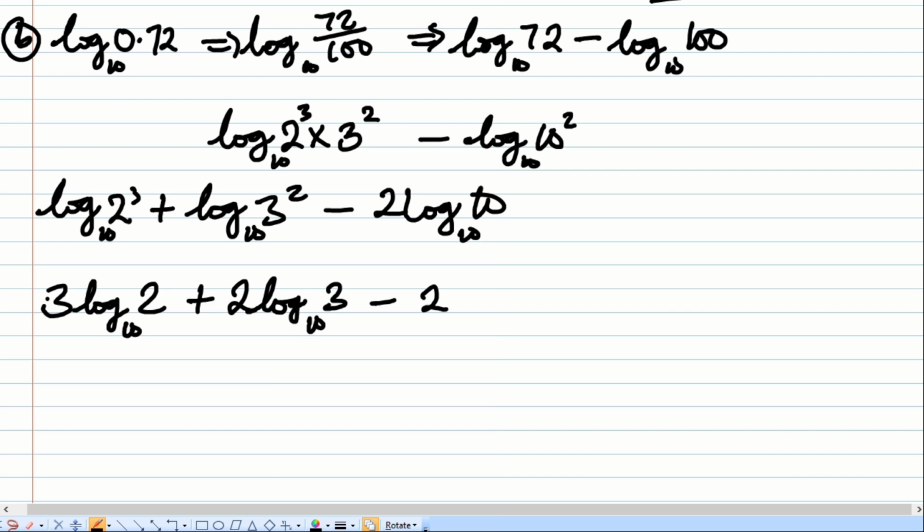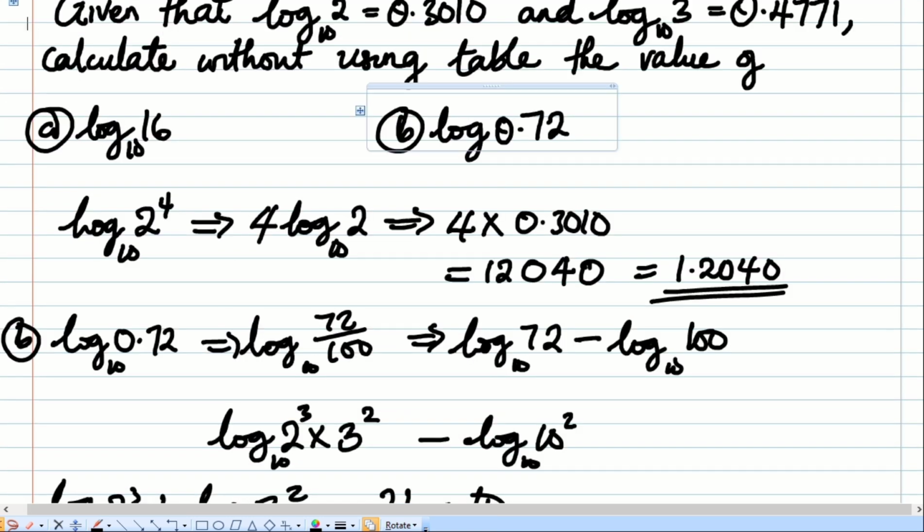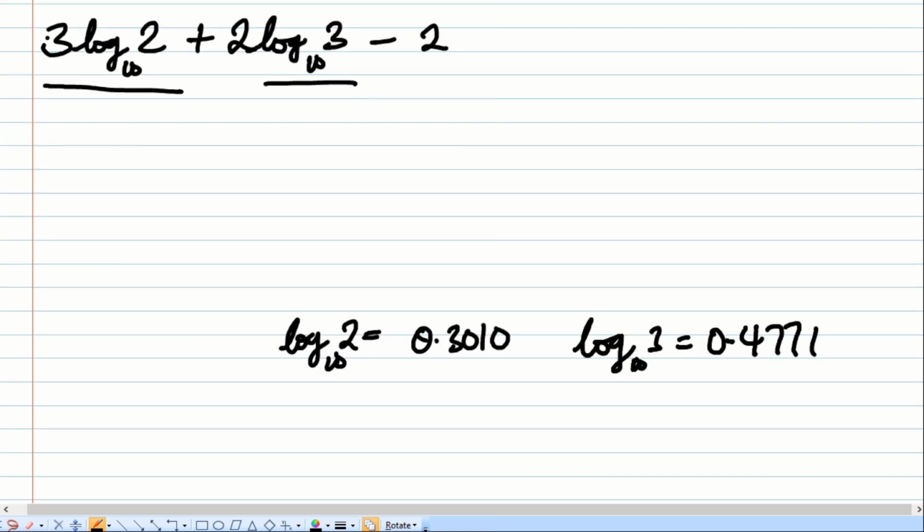Right, now we have logarithm to the base 10 of 2 here, and then logarithm to the base 10 of 3 here, which were given in the question. So you see from the question, the logarithm to the base 10 of 2 is given as 0.301.